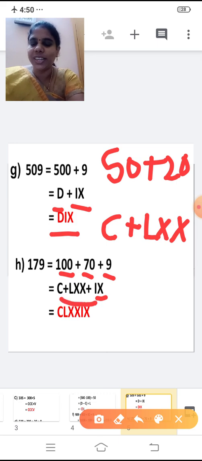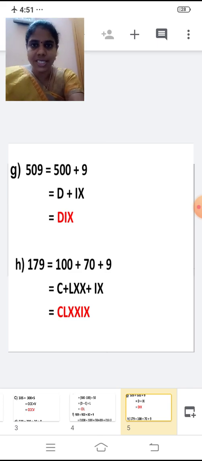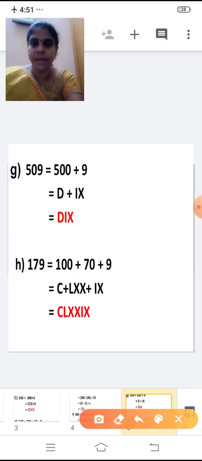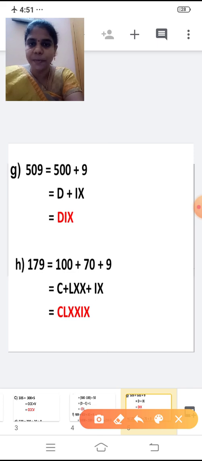Now add all together. CLXX IX. I'm repeating it one more time. 179. Split this. Expanded form. 100 plus 70 plus 9. The Roman numeral for 100 is C. The Roman numeral for 70 is 50 plus 20.